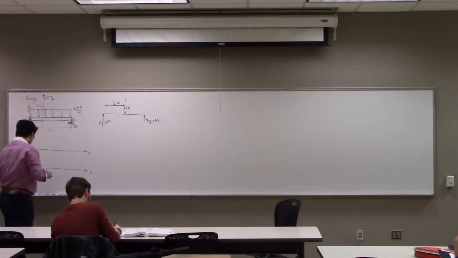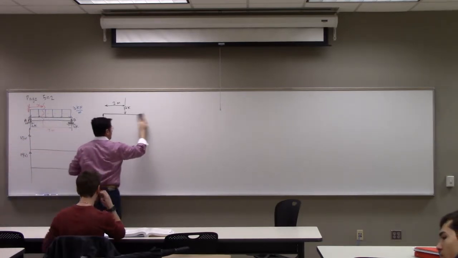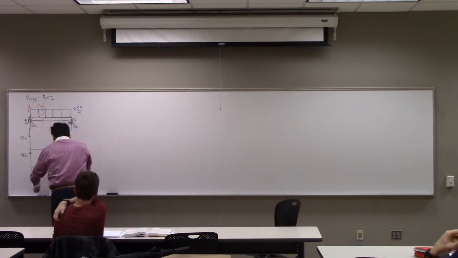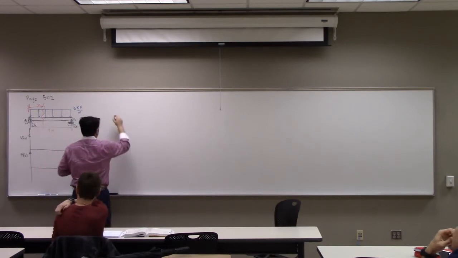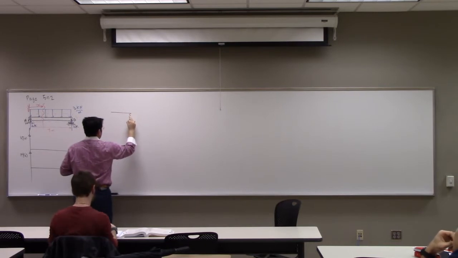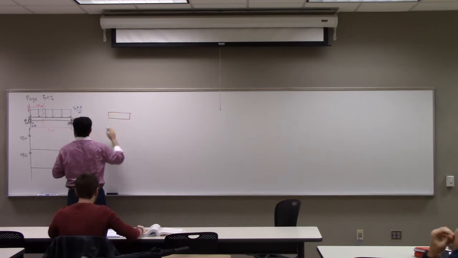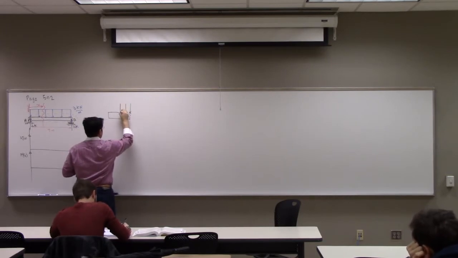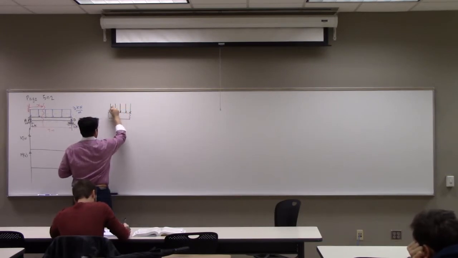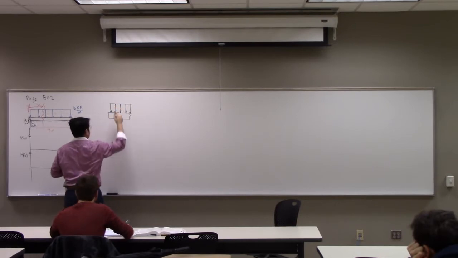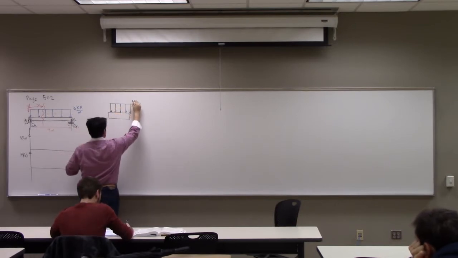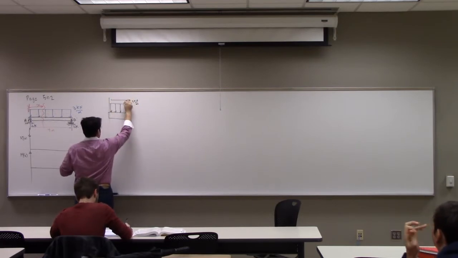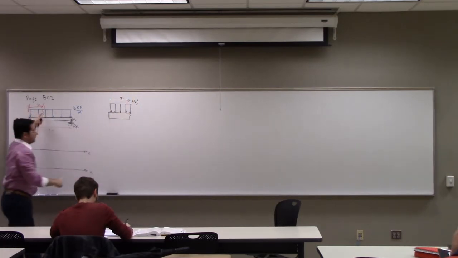So now, if I cut that and draw my FBD of system 2, that was system 1, I will get this drawing. So you cut it from here, and you're going to get a distributed load, which is equal to 3 kN/meter, and from left, from here to here is x, because we took it from the left.